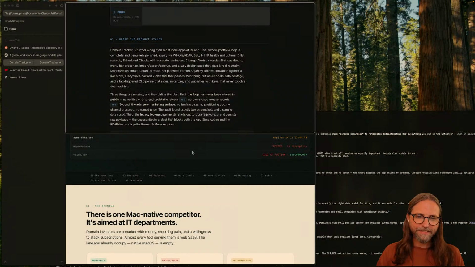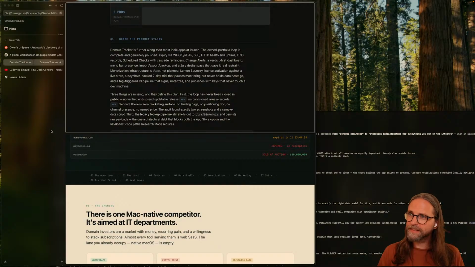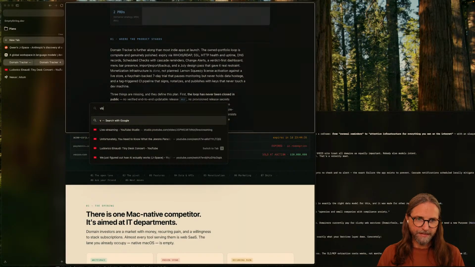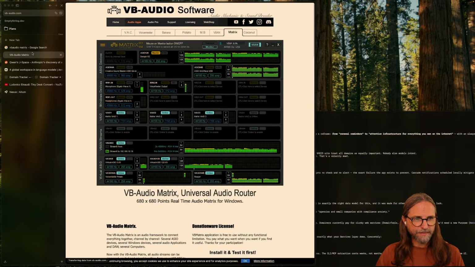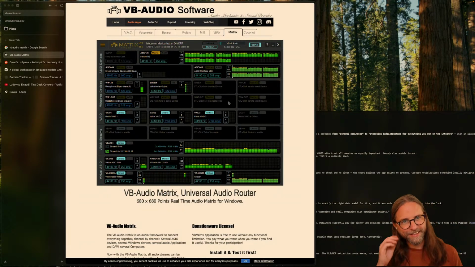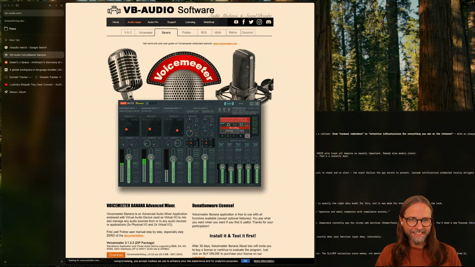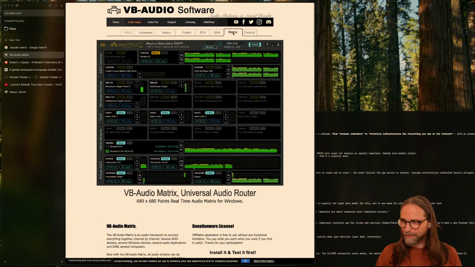Matrix, yeah, I think I might have tried it back in the day. Along with, is there one called Banana or something as well? Oh yeah, I did play with that. There's Banana too. I remember playing with these.